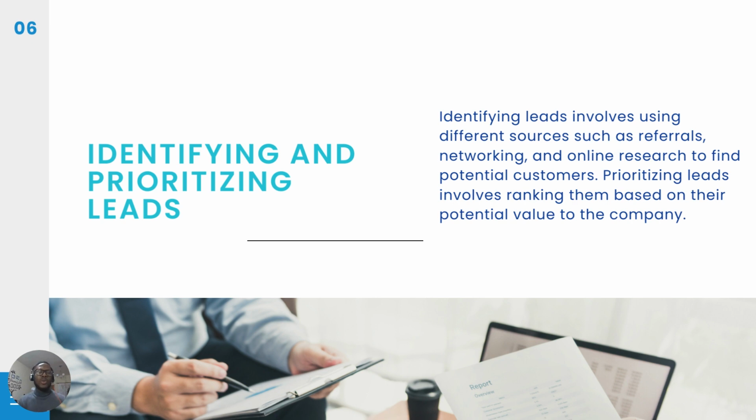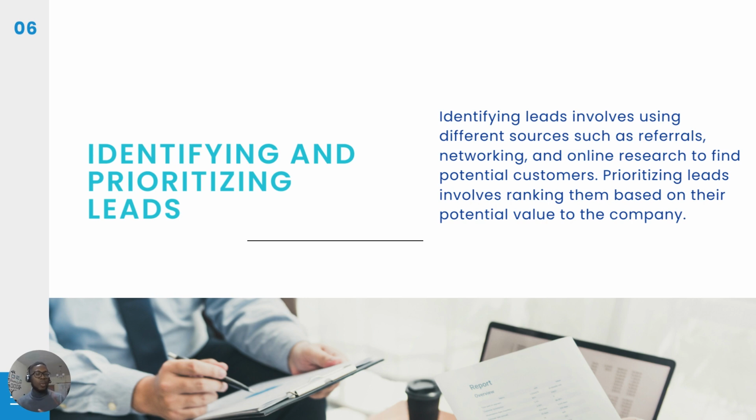Now we move on to how we identify and prioritize our leads as they come in. Identifying leads involves using different sources such as referrals, networking, online research, and so on to find potential customers. Once we find them, we need to prioritize them, or rank them, based on their potential value to the company.